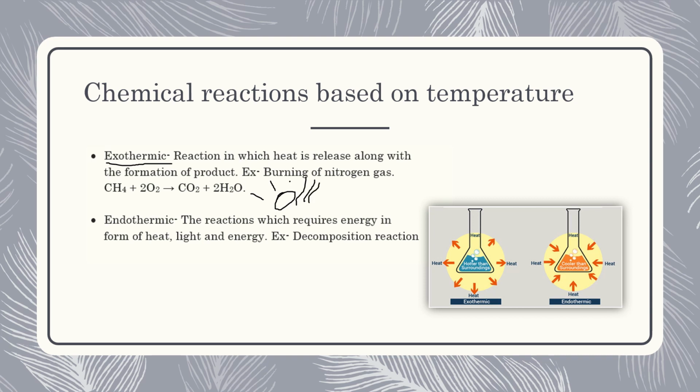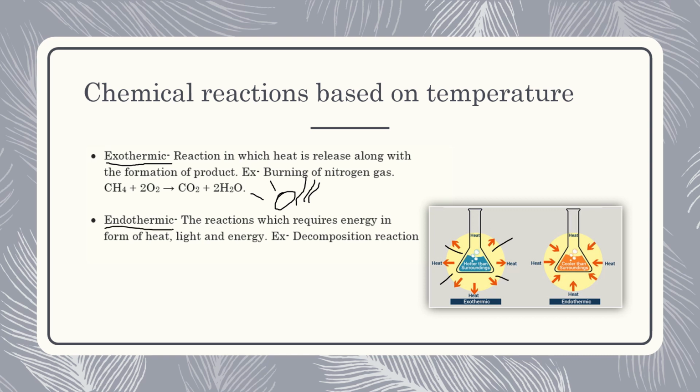If we take an example, we can take burning of methane gas. The formula is CH4 plus 2O2, which gives CO2 plus 2H2O. Exothermic means the inside of the thing is hotter than the surroundings.